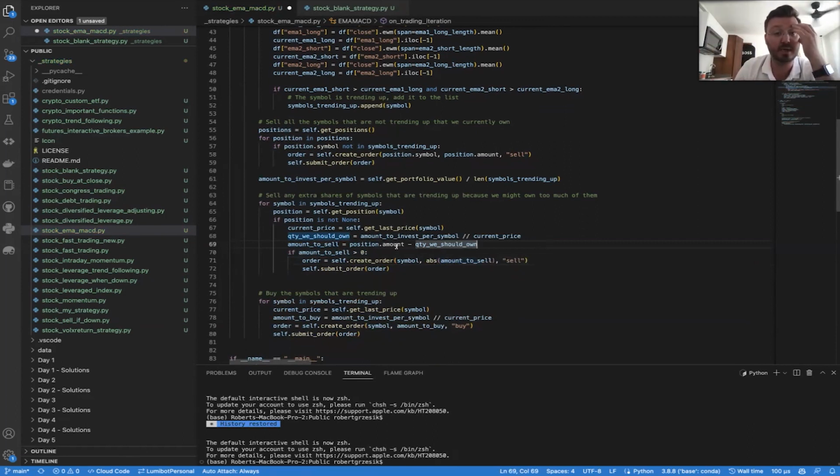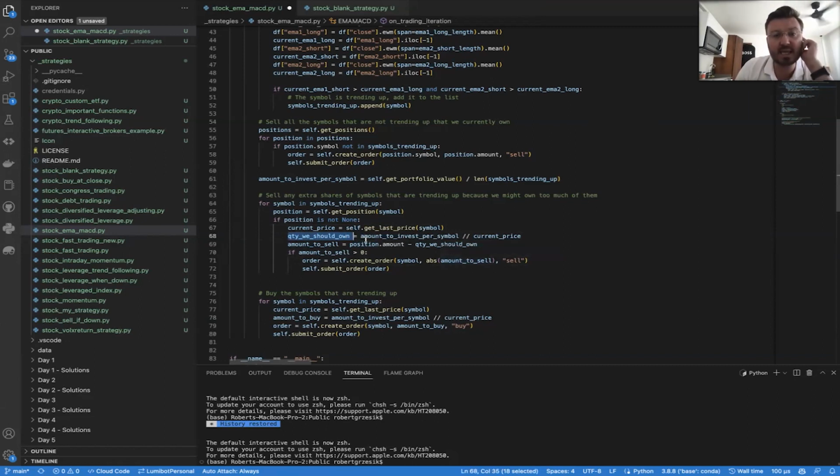If you think about this logic, we go through each symbol and get how much we own of this symbol right now. Let's say this is SPY. If we own something in SPY, then we continue. We have a position, so now let's get the price of it, and then how much should we own in SPY? Let's say we should own $33,000, so the quantity that we should own is maybe 1,000 shares.